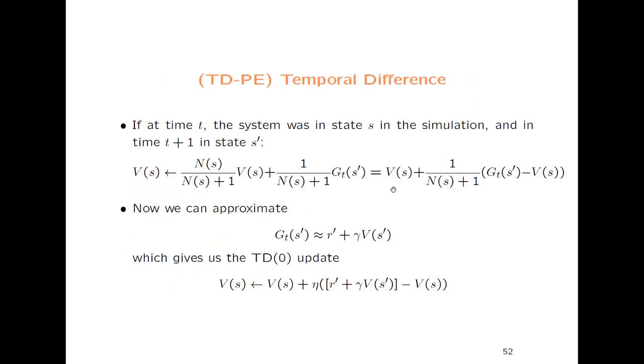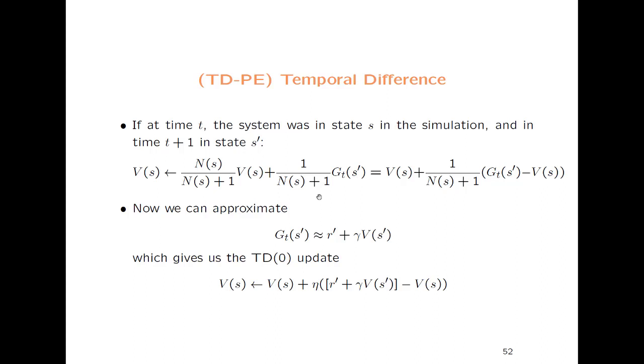And we can write this. We get rid of this term here by moving it to the right. So it's the same as V(s) plus 1 over N(s) plus 1 times the difference of the return at s prime minus V(s). S prime always means the following state. If you add this together with this, you get exactly this expression.